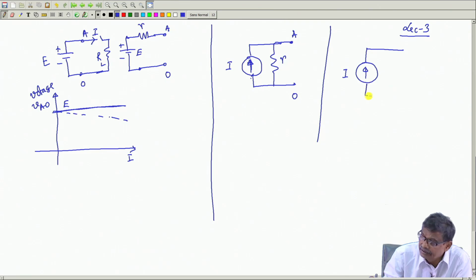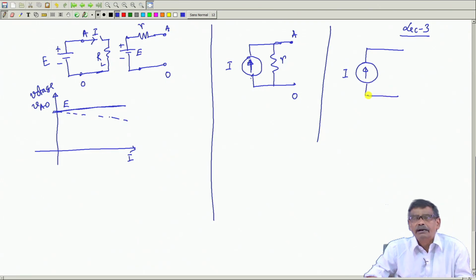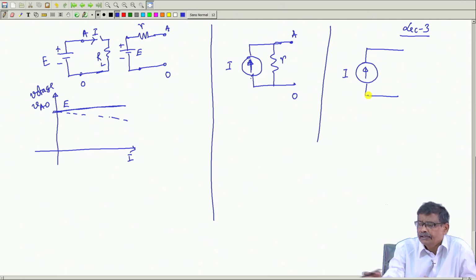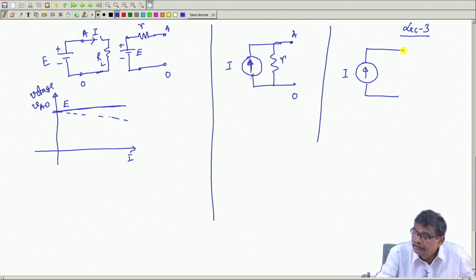To understand that, one can interpret that instead of a voltage source, a current source is present, where ISC is equal to E by R was brought in, but once that is done, I can think of this thing like this, AO.